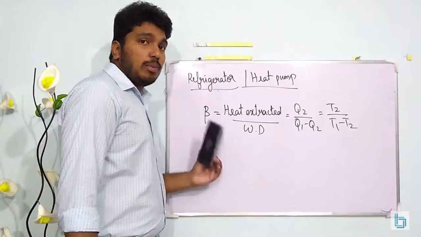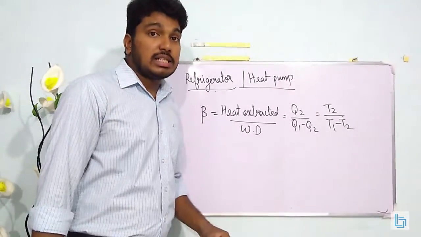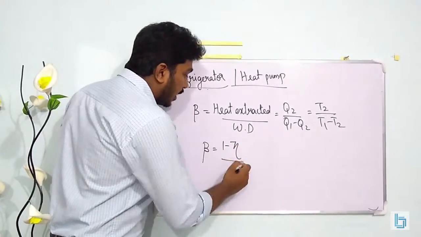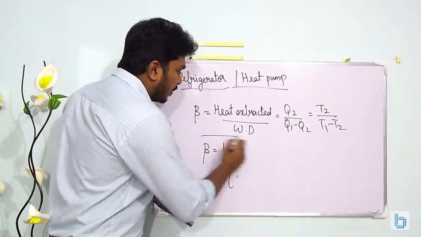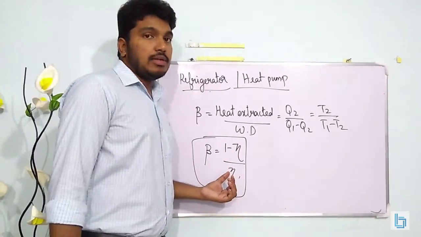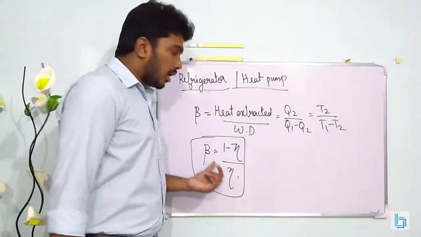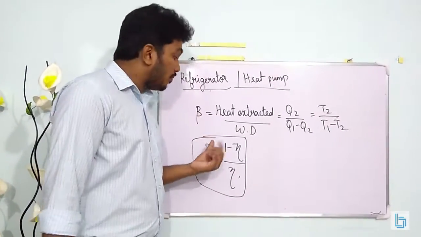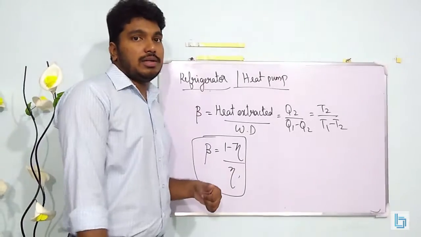So we have the expression for beta and we have the expression for eta, so we can relate both, and beta is equal to (1 minus eta) by eta. Please remember this equation, a very important equation from the exam point of view. It is the relation connecting the coefficient of performance of a heat pump and that of a heat engine.